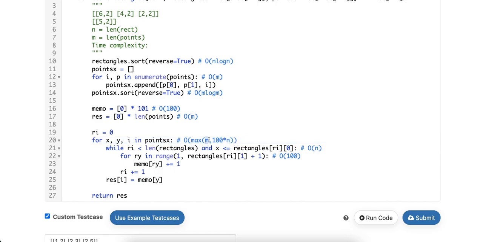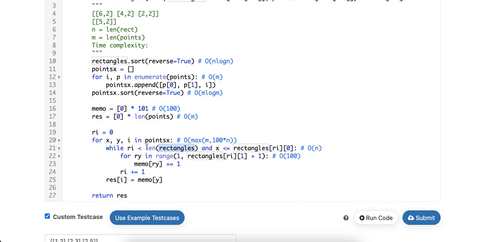So for the total of each point, it will do 100 times n. N is the rectangles. But it becomes a max because remember, for each point, it won't revisit the rectangle. That's why it's not multiplication. It's not m times 100 times n, but it's just the max. Which one is the maximum? That will be the bigger one, the one that overshadows the others.